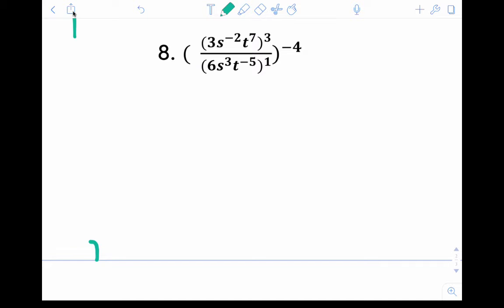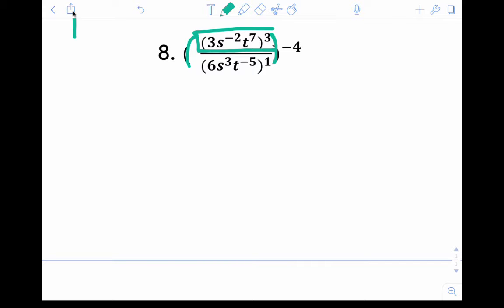So on this one, just like on the problem before this, I'm going to work inside of the parentheses first, and then inside of those parentheses, I'm going to be doing my numerator, and then I will work with my denominator. So my numerator, I have 3s to the negative 2nd, t to the 7th, to the 3rd.